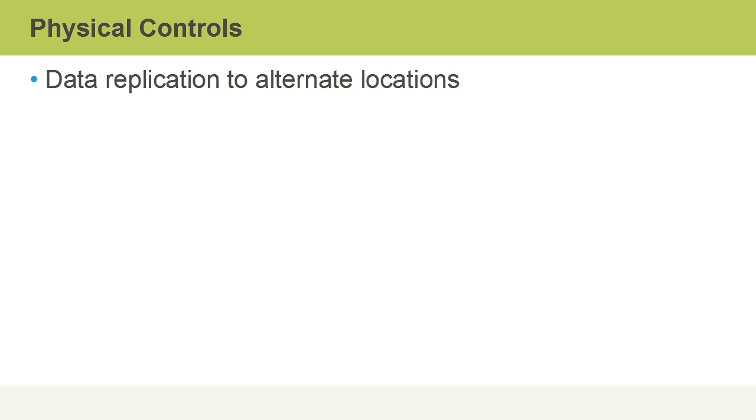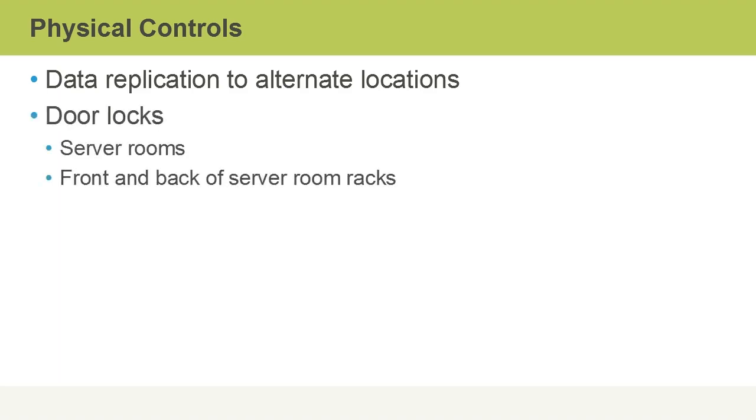We should also consider the fact that in the event of a catastrophe, our data needs to be available elsewhere. So we might have data replication to alternative locations, or we might have backup tapes stored off-site. We should be using door locks to protect sensitive areas of a facility.